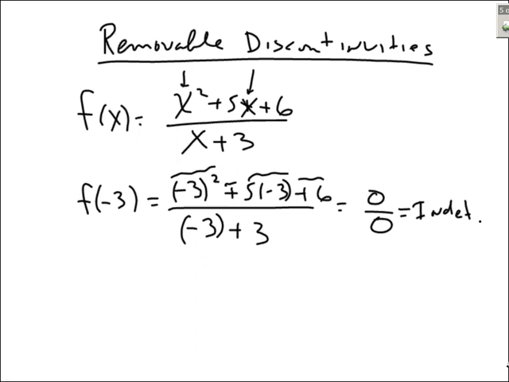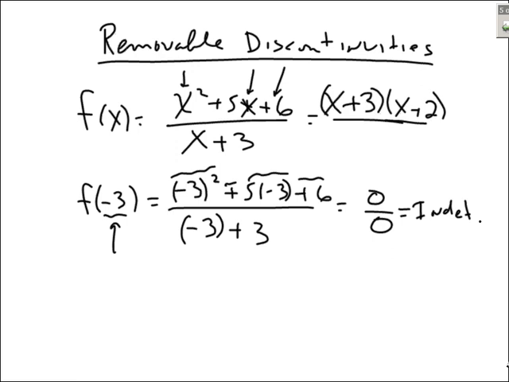Now, using pre-calc, if negative 3 makes the numerator 0, then x minus negative 3, or x plus 3, must be one of the factors. And the two factors have to multiply out to 6. So the other factor is going to be x plus 2. And the bottom is x plus 3.